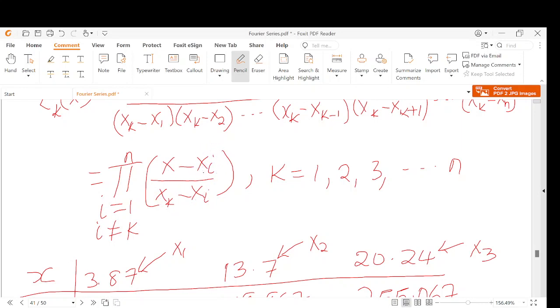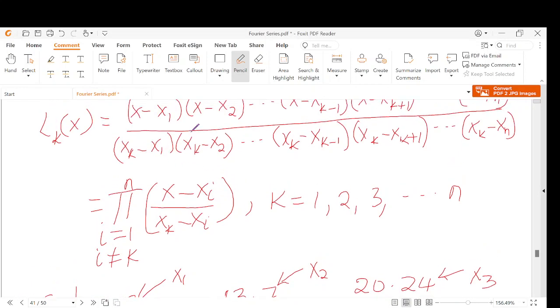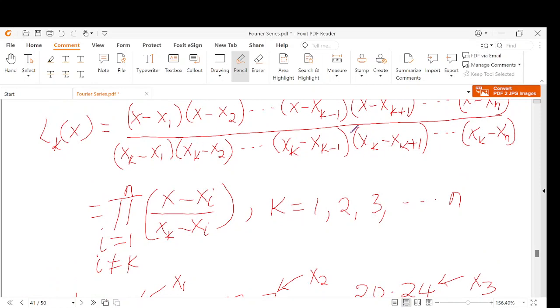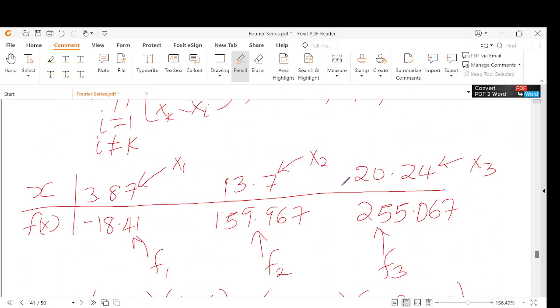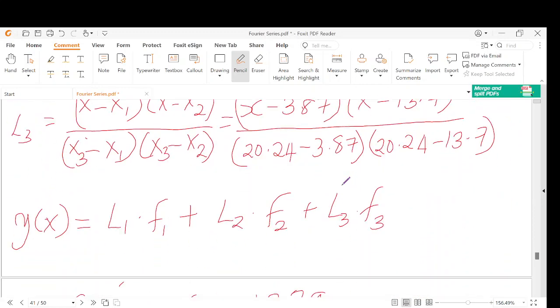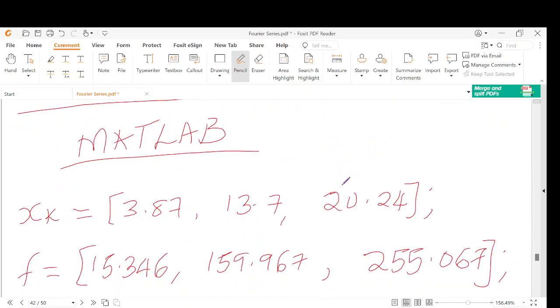Notice that xi is just the same values as xk, only that there is one value that we need to remove from that set, xk. K takes values from 1 to n. I will also take 1 to n, but I cannot assume the same value as k, because we don't have xk minus xk. So that one value will need to be removed from that set.